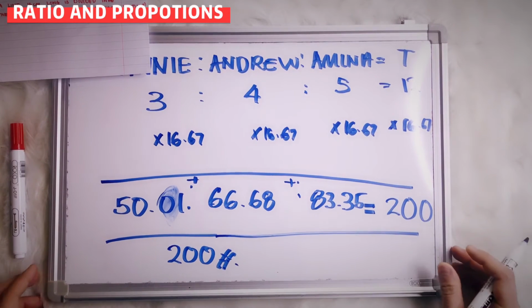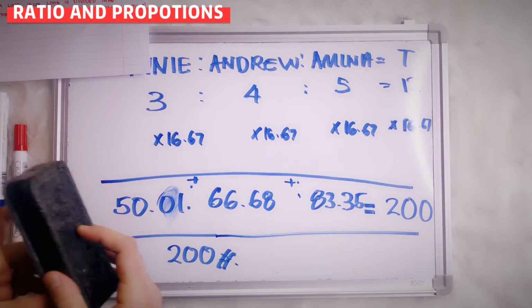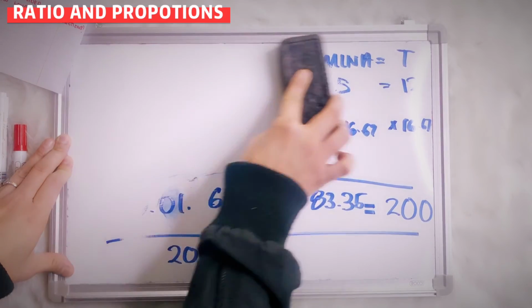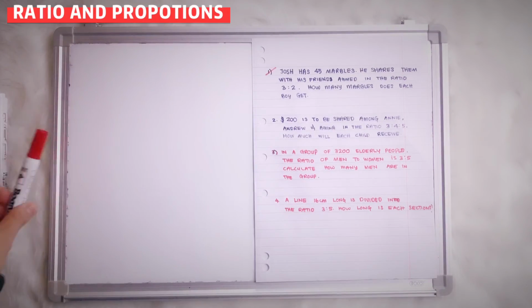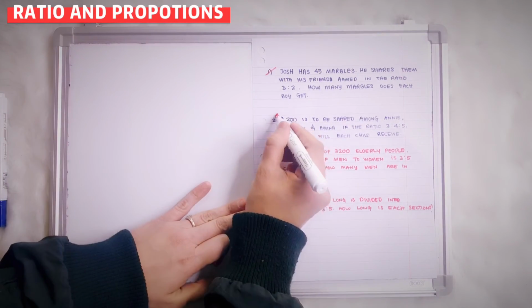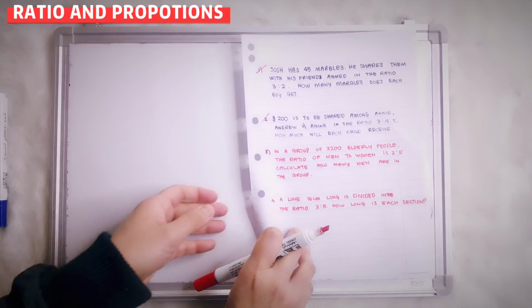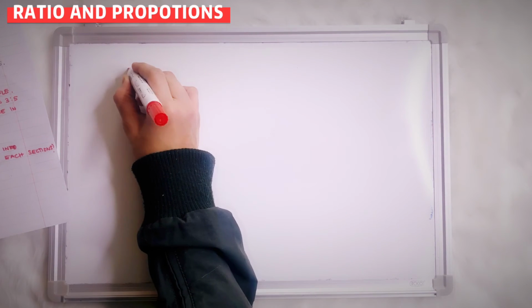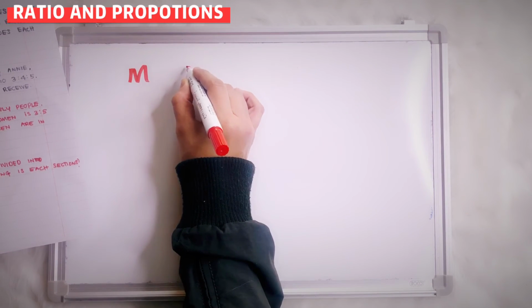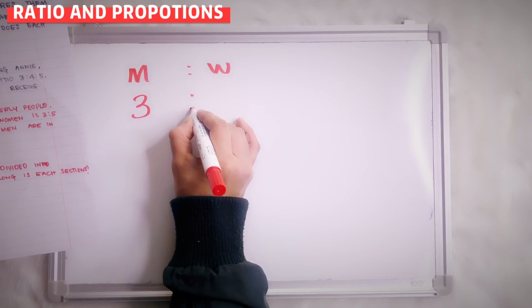All right. We settle question number 2. We proceed to the next one. In the group of 3,200 elderly people, the ratio of men to women, I put M as men, to women is 3:5.